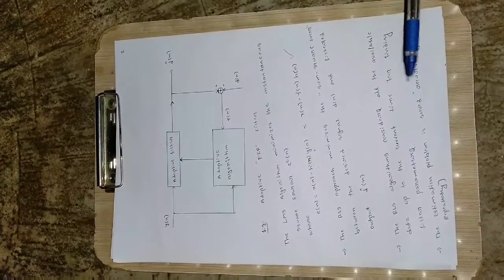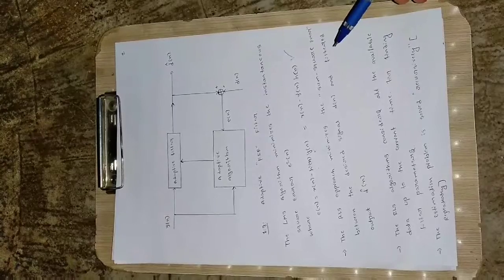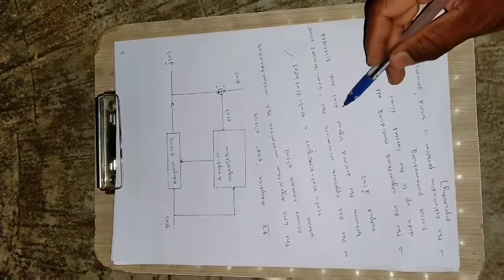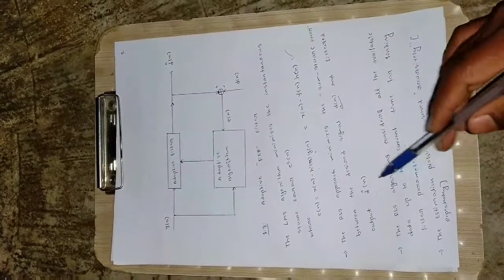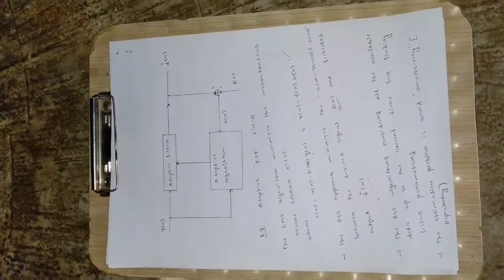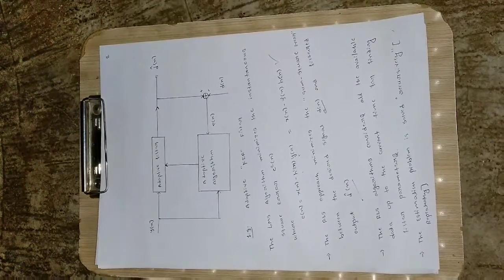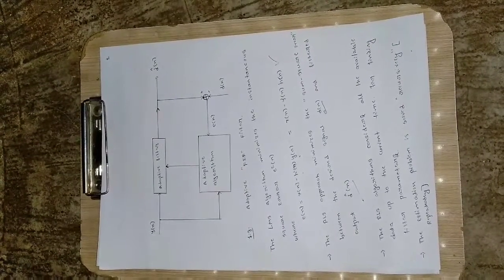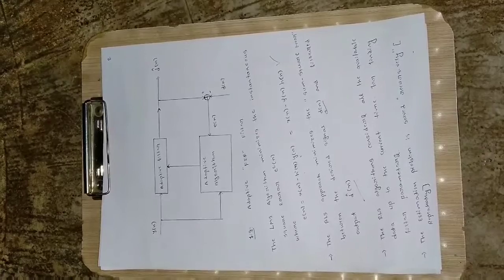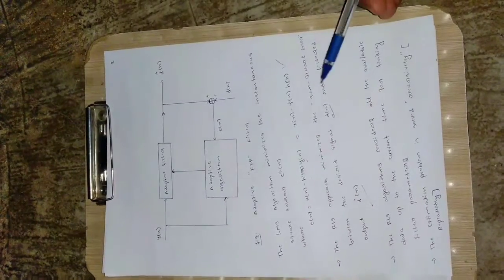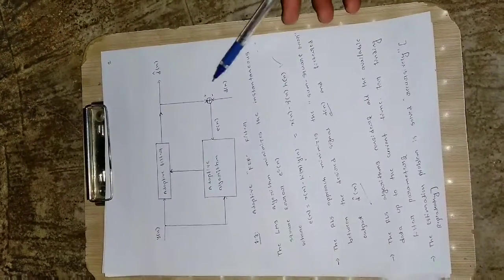So the RLS approach minimizes the sum square error between the desired signal d of n and the filtered output d cap of n, or d hat of n. Basically the RLS algorithm tries to minimize the sum square error, that is e of n, the error, which is the difference of the desired signal and the output signal.